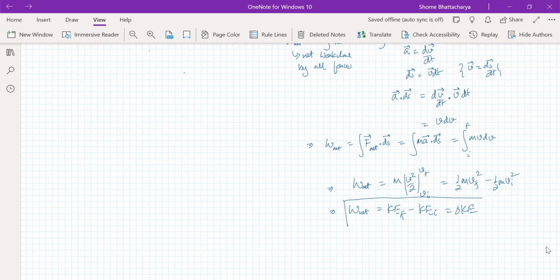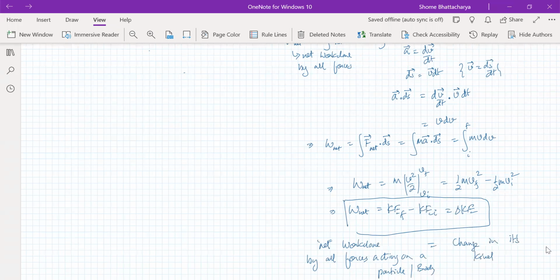So this is the relationship between work and kinetic energy, that the net work done by all forces acting on a particle or body equals the change in its kinetic energy.